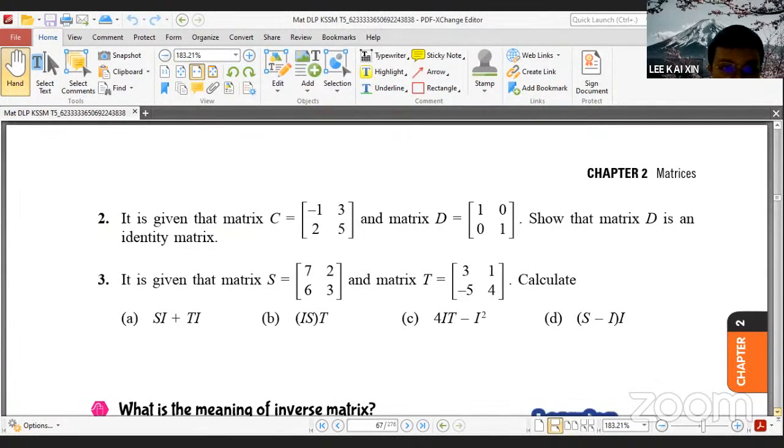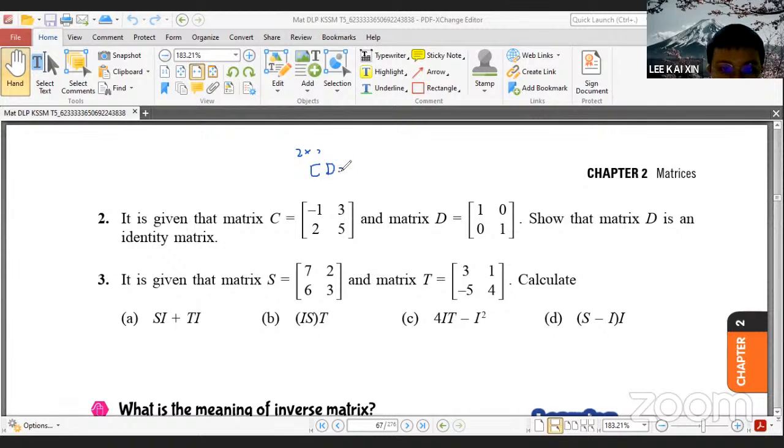Okay, for example, like this one, a 2 times 2 matrix times a 2 times 2 matrix. We know that the result is always a 2 times 2 matrix. We use C times D first.